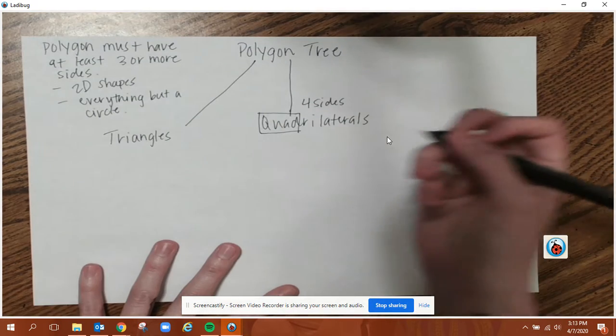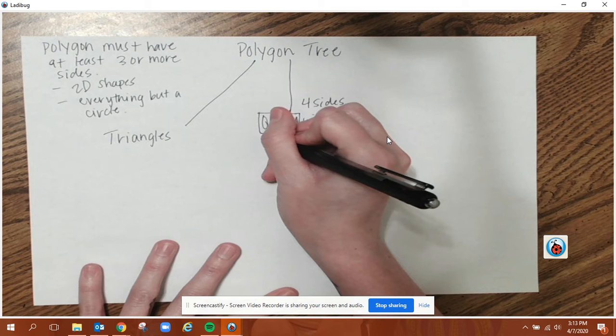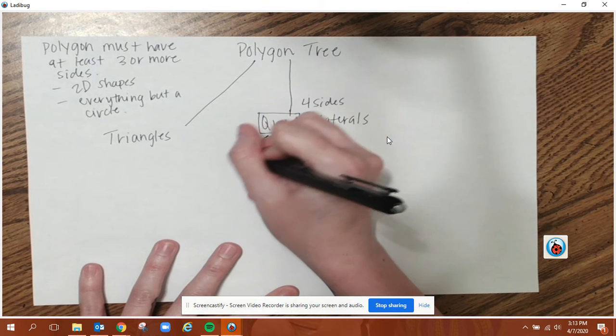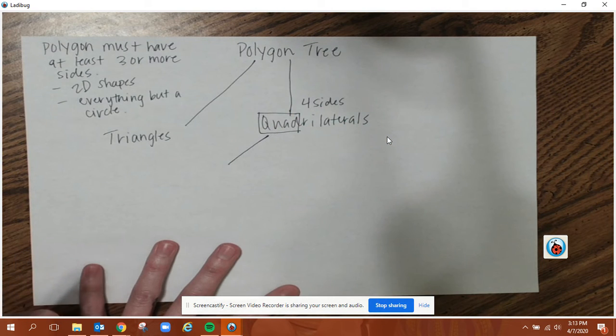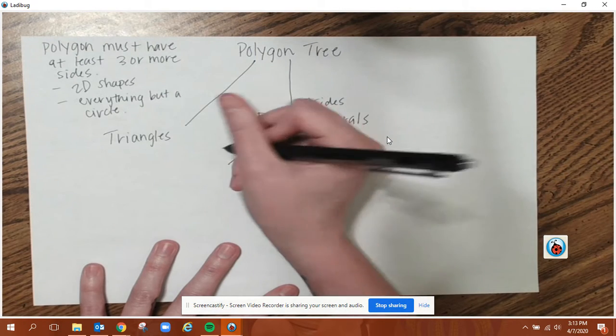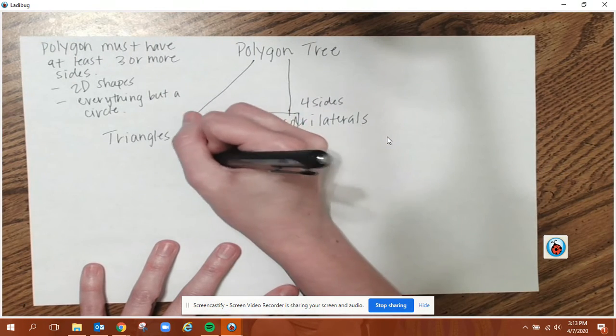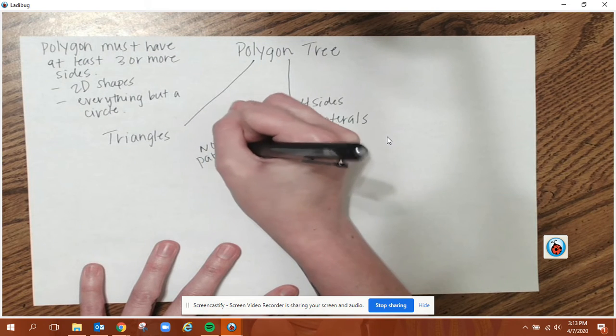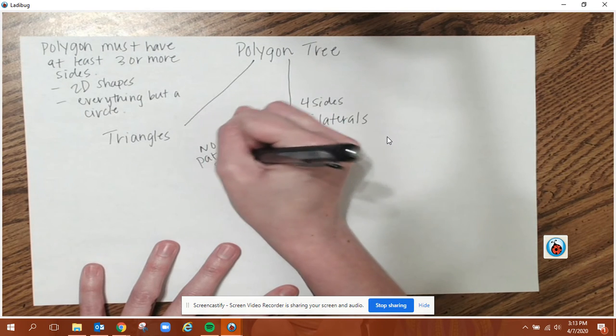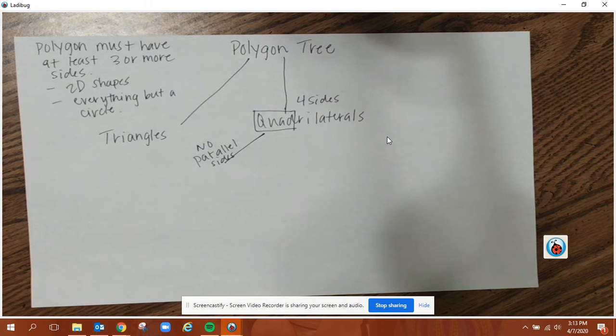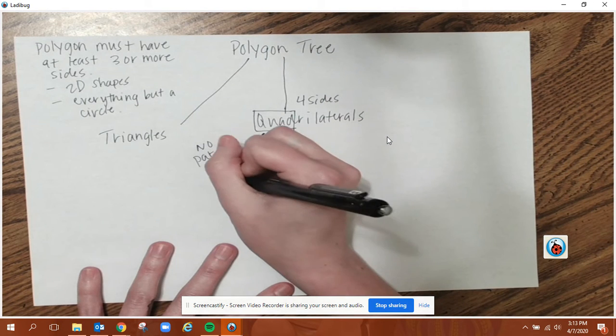Okay, so one that we didn't talk about in our journal, but that you might see today, is the quadrilaterals that have no sets of parallel sides. Okay, so these are no parallel sides. And the major one that we talk about that has no parallel sides is a kite.